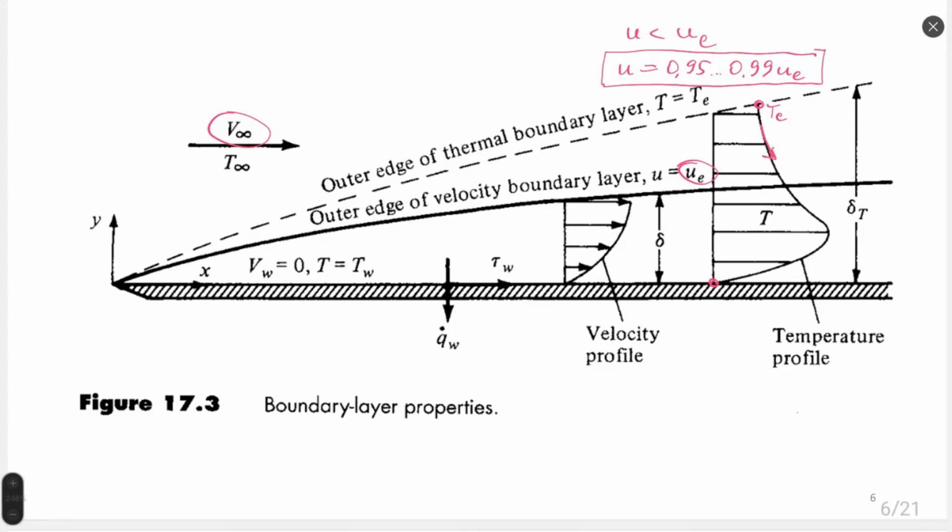Velocity transforms to heat, so temperature inside flow increases. There is some point at which this temperature, due to energy exchange, becomes maximum. And then due to cooling of flow between gas and solid, we have drop of this temperature.